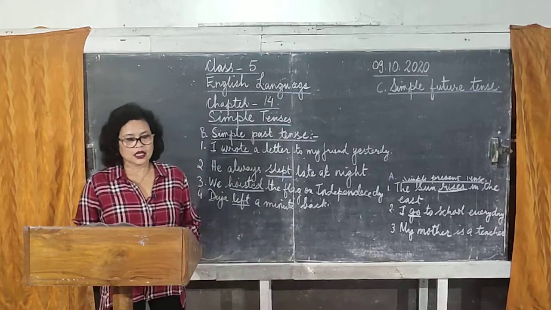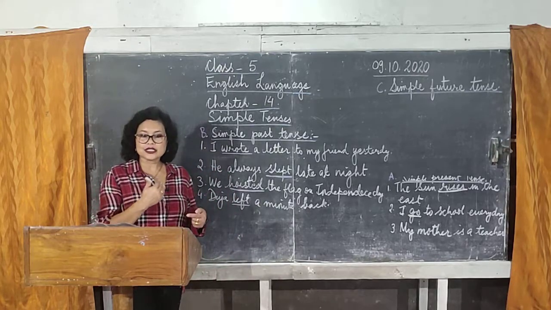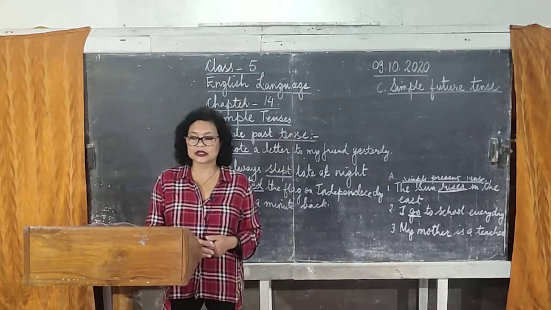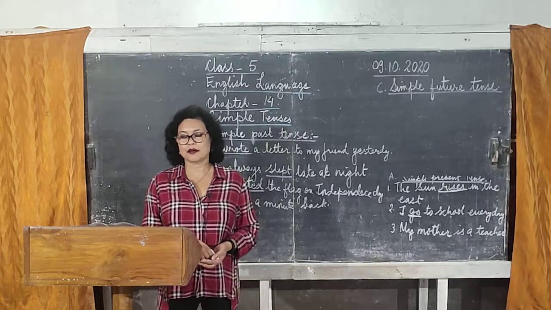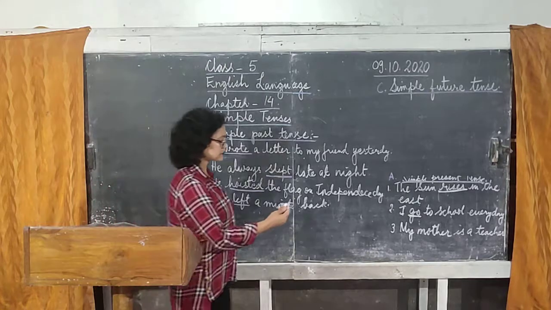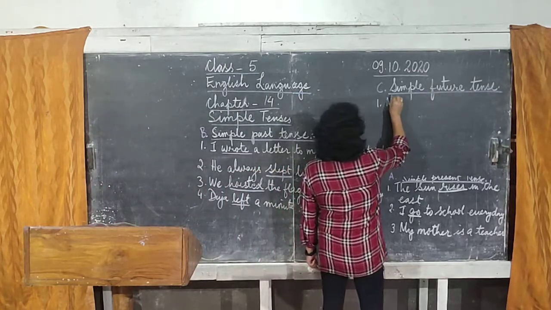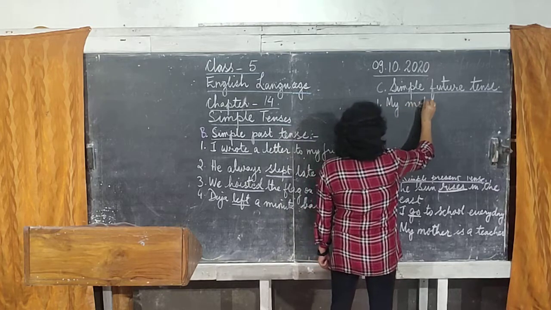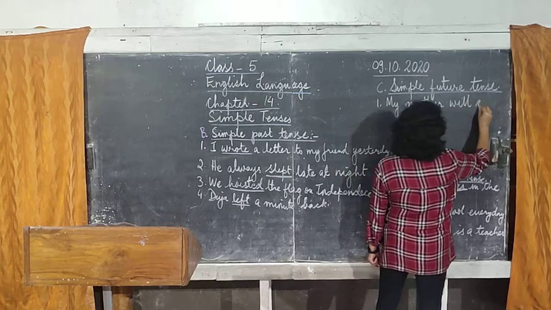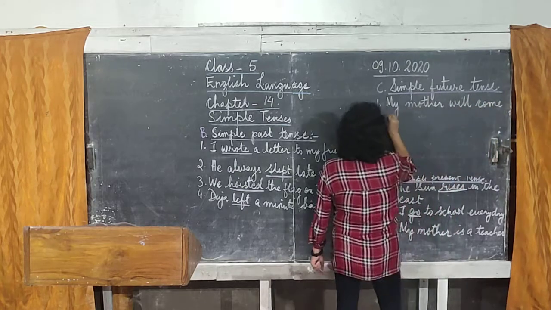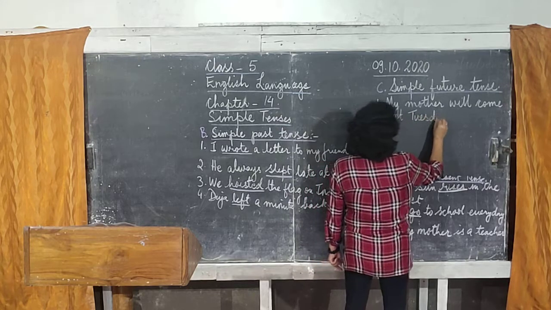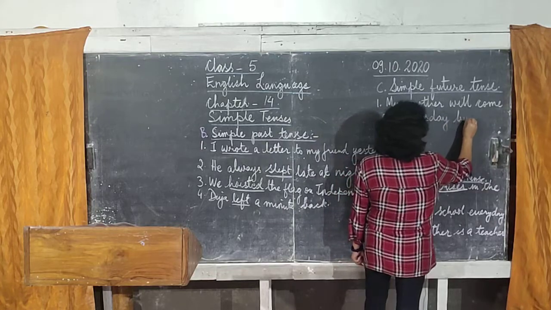Alright. The first one is an action or event that is to take place in the near future. My mother will come next Tuesday by train. Or I shall do my homework tomorrow. See? My mother will come next Tuesday by train.